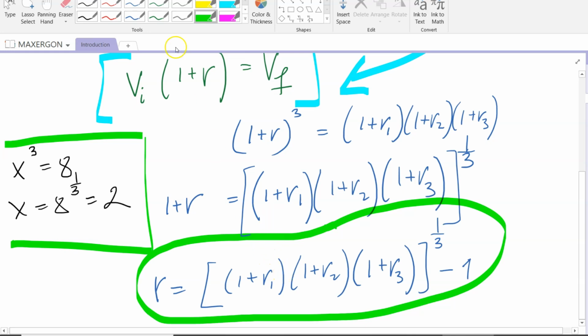The way we constructed this formula shows that if we have a process such that we have 3 sequential changes of different magnitude, we can ask a question: what one change applied 3 times will give us the same result as those 3 different sequential changes? And this formula gives us that average percent of change.